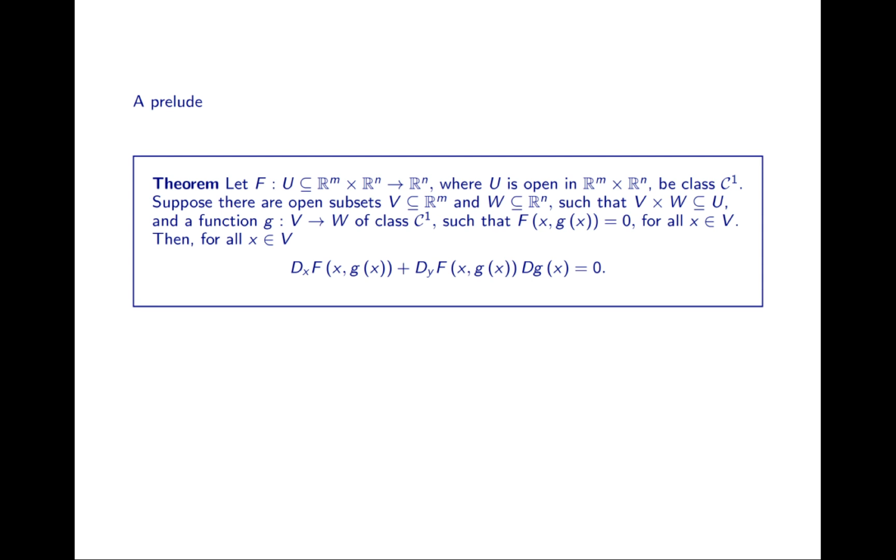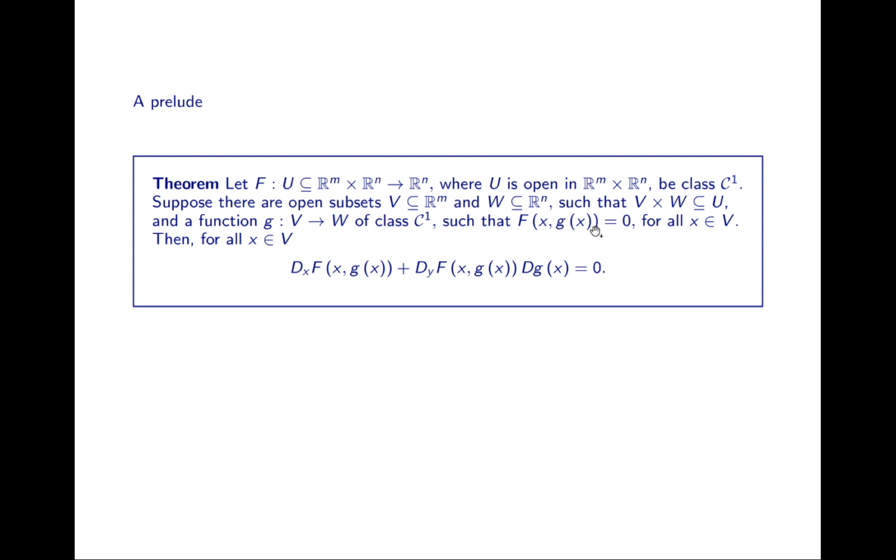And suppose f is class C1. Suppose also that there are open sets V in Rm and W in Rn, so that the cross product V by W is contained in U, the domain of f. And suppose also that there is a function g mapping V to W that's class C1, for which f of x comma g of x is 0.